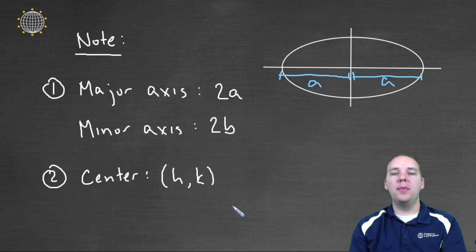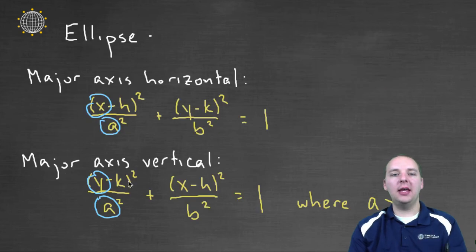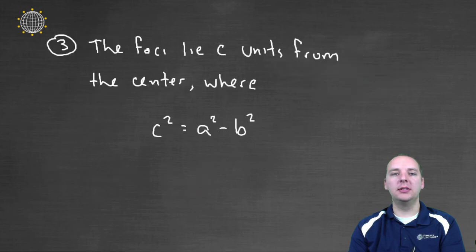And the minor axis, if this is b and this is b, then this will be 2b units long. And the center, you probably could have guessed this one, the center right here is going to be at (h, k). The (h, k) has typically been, even for a circle, the center of the circle. Here it is the center of the ellipse. So keep those things in mind.